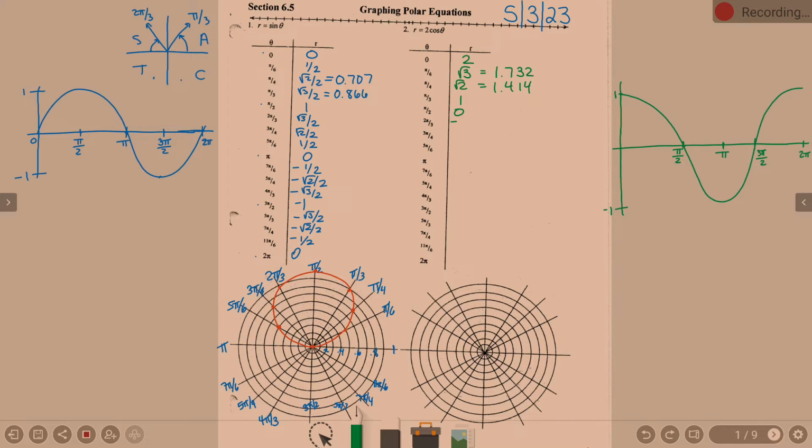Because in the quadrant, all students take calculus, so we know the next 3 are going to be negative. Negative what? Negative 1/2, and then multiply by 2. That's what I just said. So, negative 1. You were just doing the cosine.